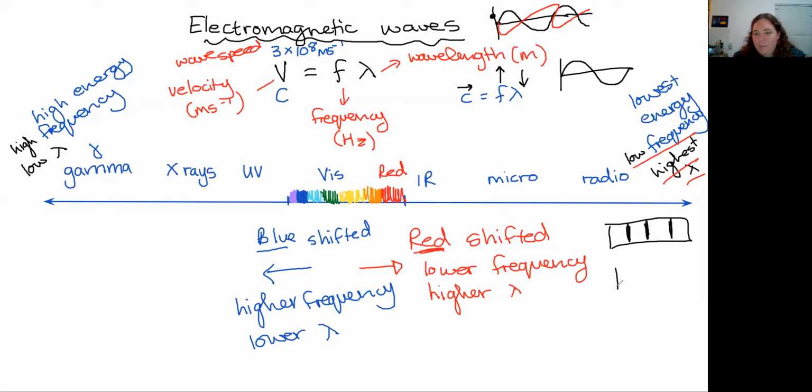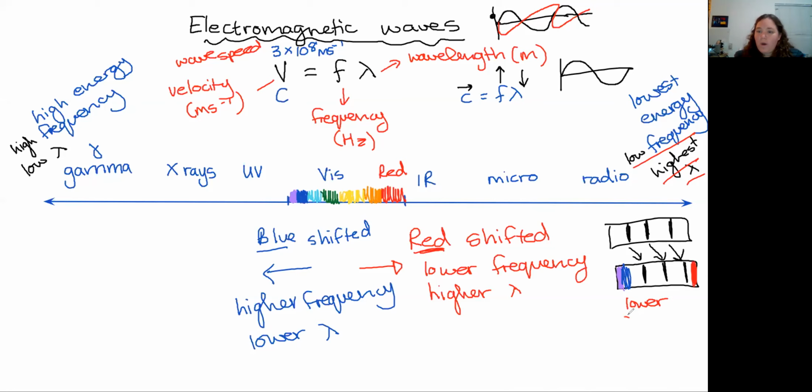If the spectrum of lines that we should get should be here, here, and here, but instead we find them here, here, and here, it tells me that everything is shifted closer towards the red side compared to the blue side, and I'm going to put purple here even though we call it blue. If we see our spectral lines on either our absorption or emission spectrum from a star, that tells us that the frequencies are lower than expected.